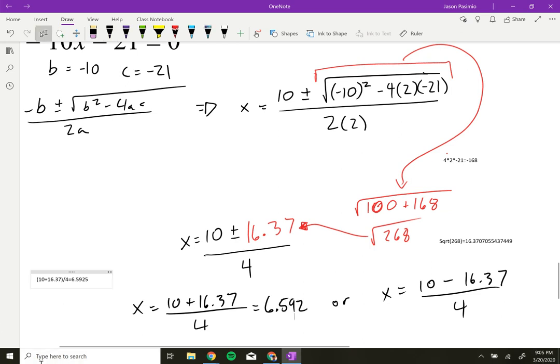Oh, and I bet I could cheat right over here. If I just change that plus into a minus, equals, boom, negative 1.592. And you see we get the exact same answer.